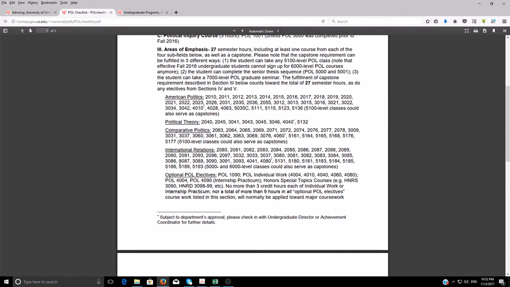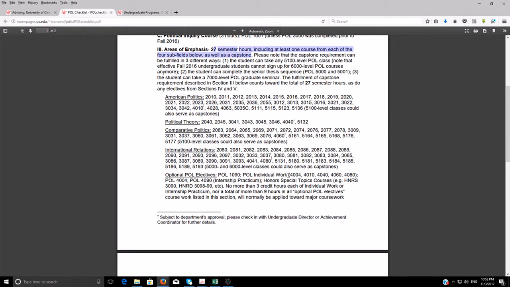Note that in addition to the 4 subfields, we have a 5th, which is called optional political science electives. Optional political science electives are for those courses that don't fit the traditional 4 subfields, such as Political Science 1090, Introduction to Law, Politics, and Society, a very popular class that does not fit in any of the 4 categories, but will count toward the 27 credit hours.